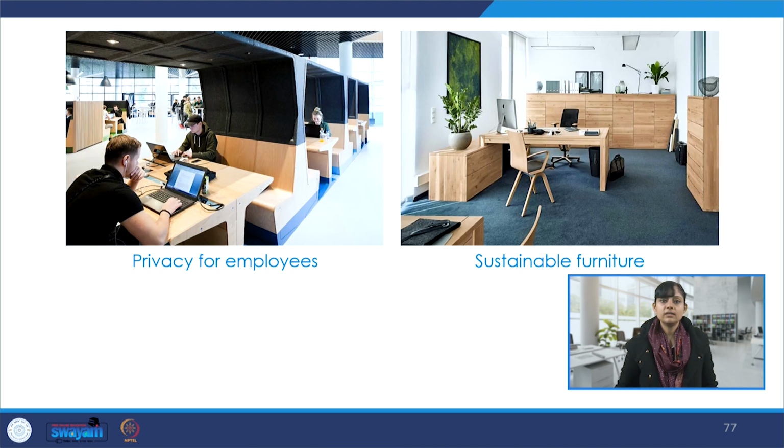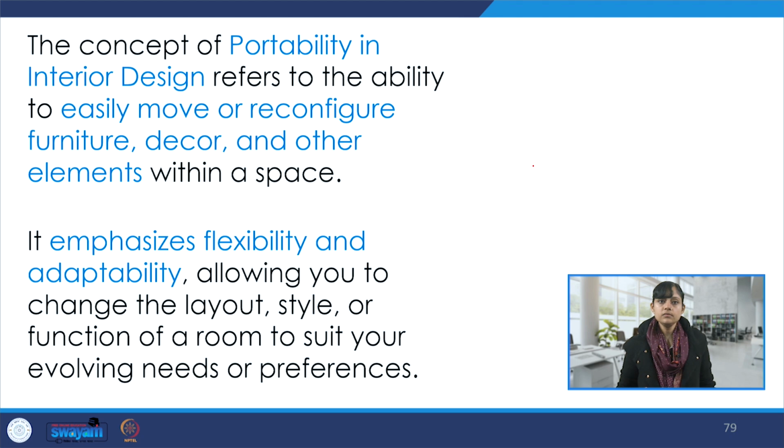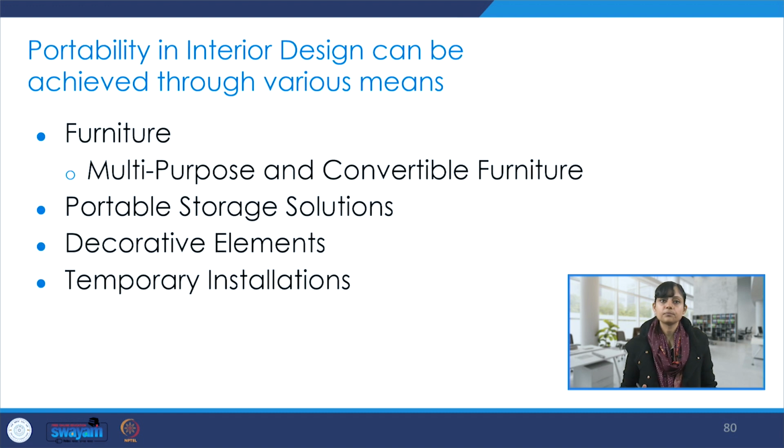Some examples like this. And then we moved on to discuss portability. So, again, how the concept of portability in interior design is revolutionizing our designs, how it is important for providing flexibility, adaptability, and it can suit the evolving needs and preferences of the clientele, of the users, and can provide variety of options for the space design.